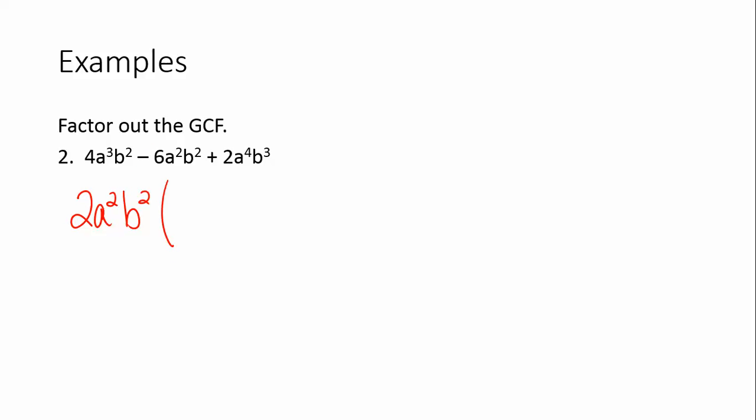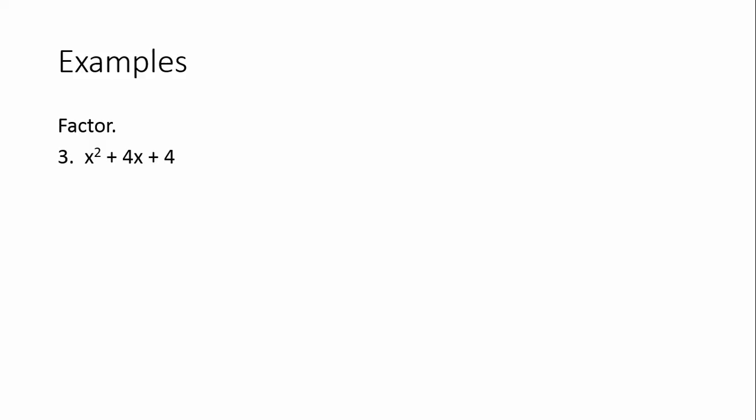So what does that leave you with? 2a minus 3, plus, looks like a squared b. And did you get that one right? If not, do you see where you went wrong? And hopefully you can fix your mistake.